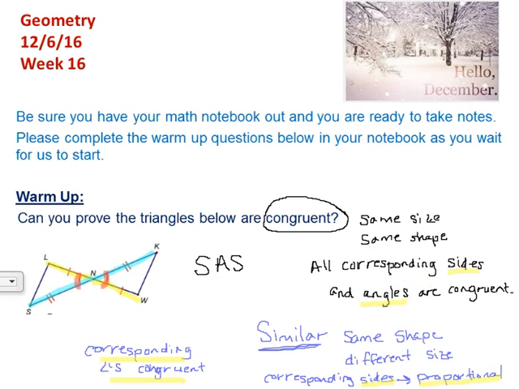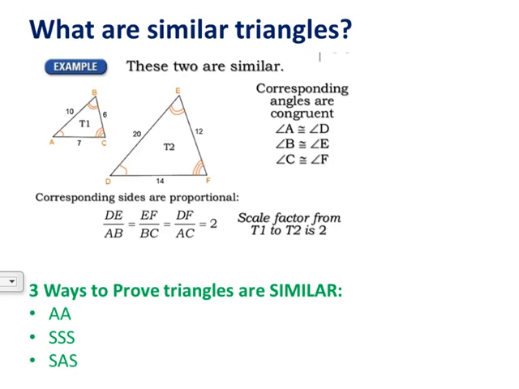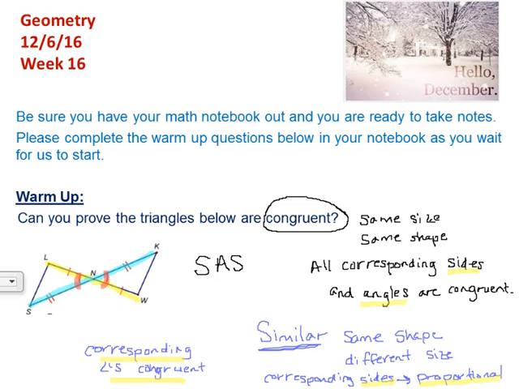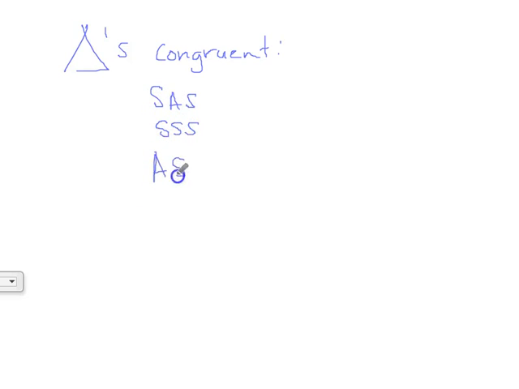So if we think back to not even last unit, it was unit 2, we learned a couple different ways to prove that triangles are congruent. Can you remember all those different ones? So we know we did side, angle, side. We did side, side, side. If we can prove that two angles and their included side are all congruent, then angle, side, angle is a theorem that we can use.